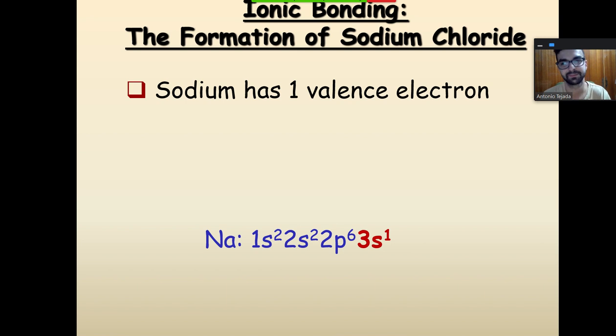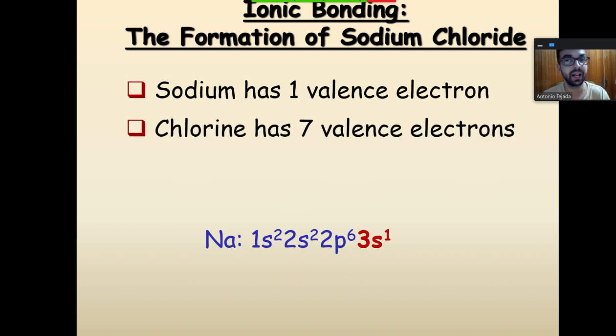And chlorine has 7 valence electrons, so it needs one more electron to have 8 in its last level and follow the octet rule. So chlorine will gain one electron, the one that sodium loses.